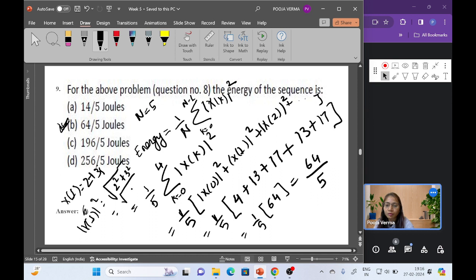So 4 plus 9, 13, root of 13. So the square of this, we will get 13 only. Okay. And similarly for 4 minus j and 4 plus j. Okay. So can we move to the next question? Have you got this one?